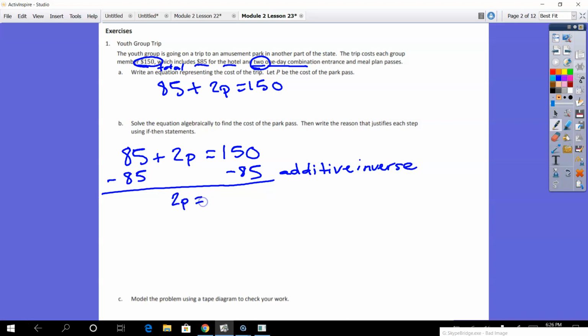Leaves me with 2p is equal to 65. Okay, then we multiply by the reciprocal to make 1 over 2 on that left side, or where our variable is.